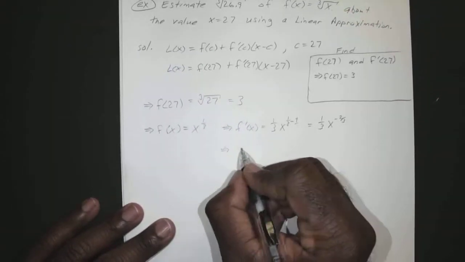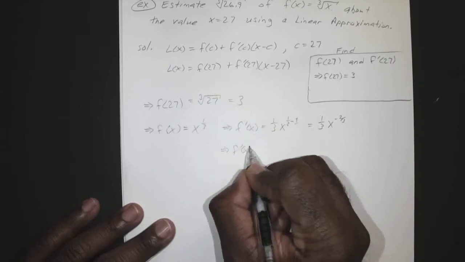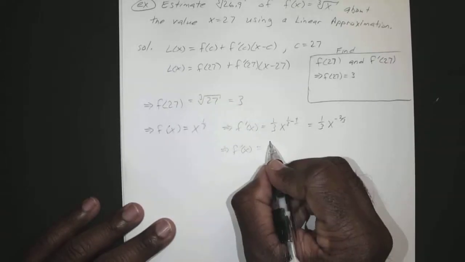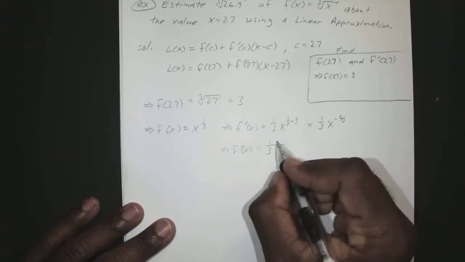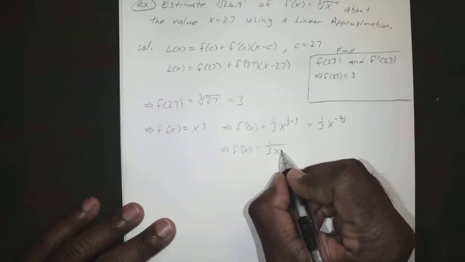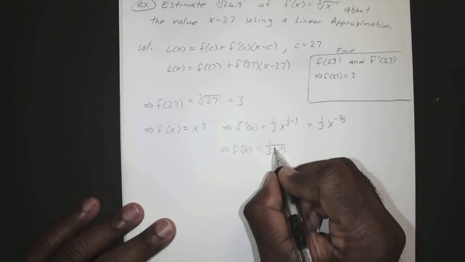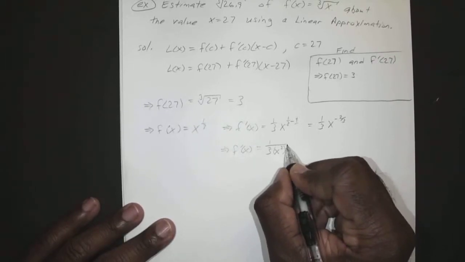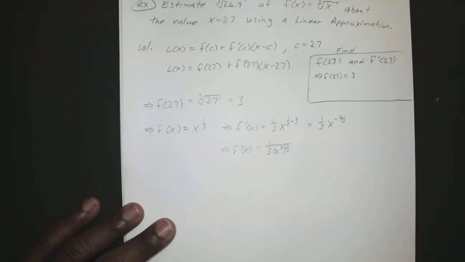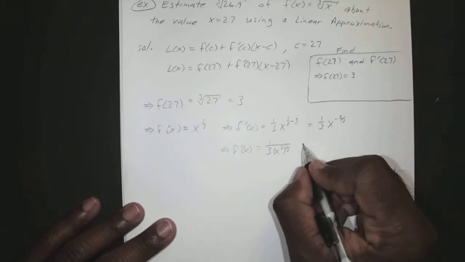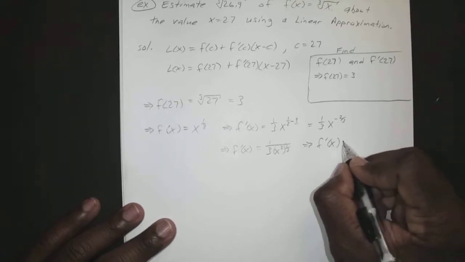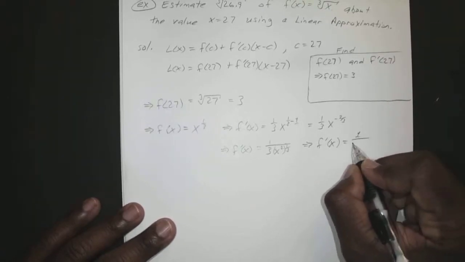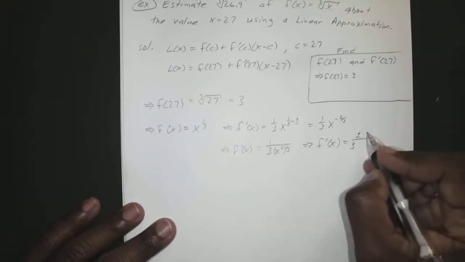If you wanted to simplify it a little bit more, f prime of x is equal to 1 over 3. Bring that negative exponent down, so you can make that x squared to the 1/3 power, since that's to the 2/3 power. Which means your f prime of x is equal to 1 over 3 cube root of x squared.